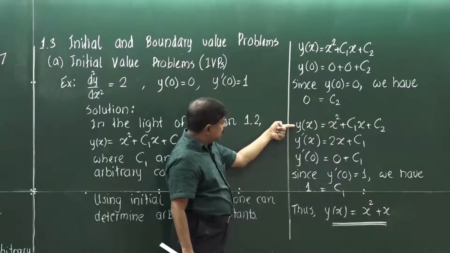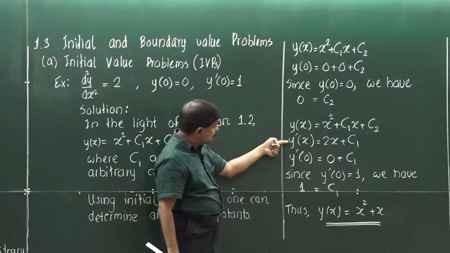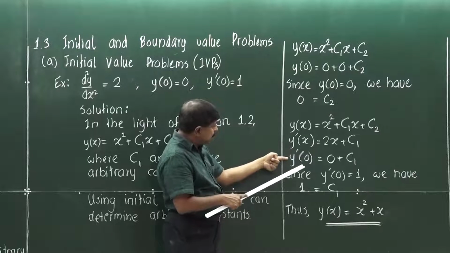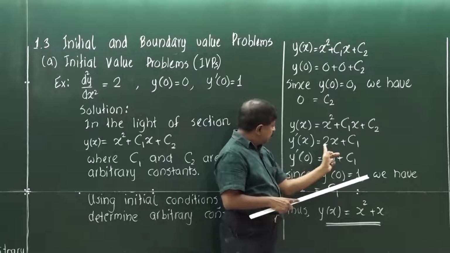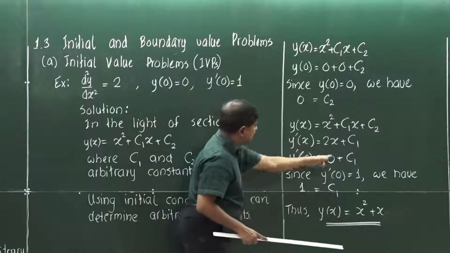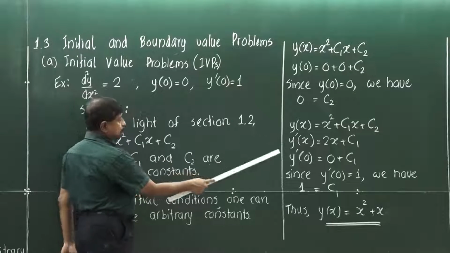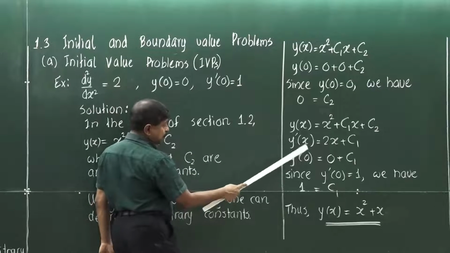Now, you have this general solution again, get the derivative. Now, you plug in 0 for x because you have y dash 0 here. To use that you need to have y dash, now plug in 0.